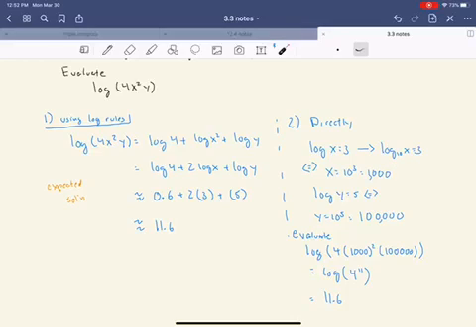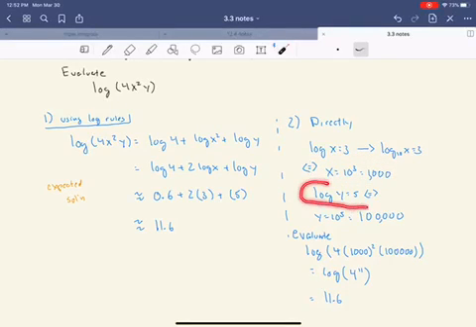We haven't been given the base, so we assume it's 10. Now, if there was an a here, we couldn't do that. But since there's nothing written, we assume it's 10. 10 to the third is 1,000. So that's what x has to be. x has to be 1,000.